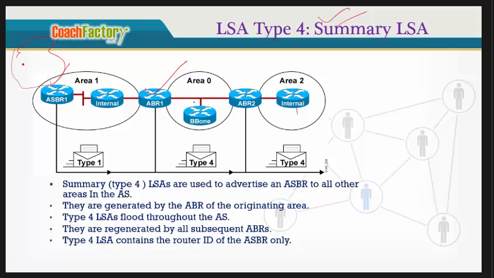Now here is the external network which is running RIP, and they have some 10 network, and this router wants to access this external network. So it must know how to reach the ASBR, where the ASBR is, in which area, and what the ASBR router ID is. This information will be advertised by that area border router using LSA type 4, the summary LSA.